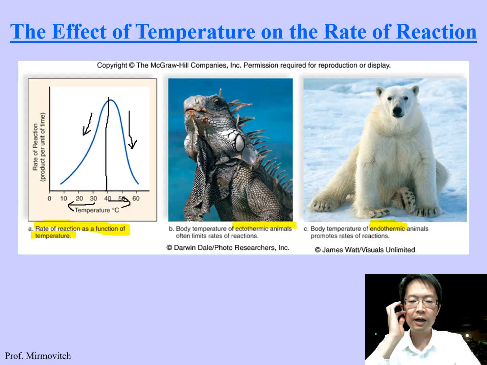But the advantage of ectothermic animals like lizards and snakes is that they don't need to eat very often, because their body temperature depends on the external environment. So in other words, they save a lot of money. If you have a pet lizard or snake, well, not many people keep a snake, if you have a pet lizard, then you don't need to feed them very often.